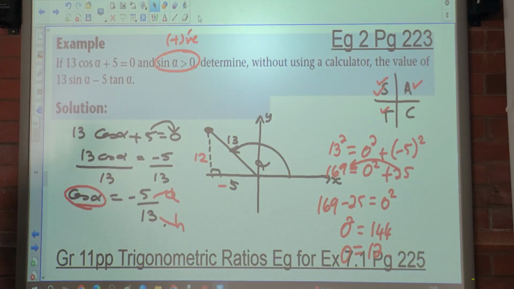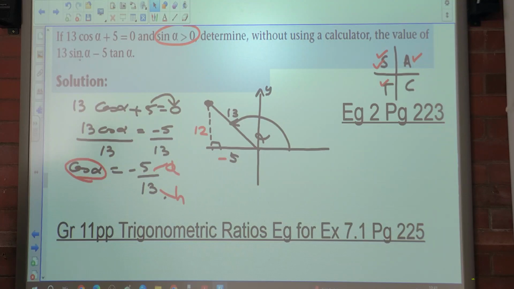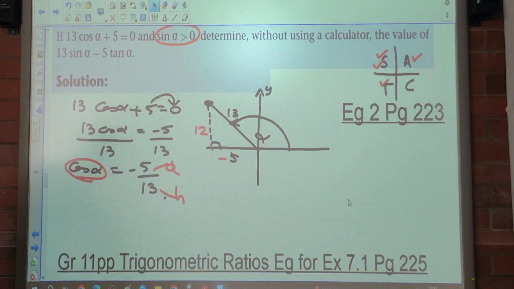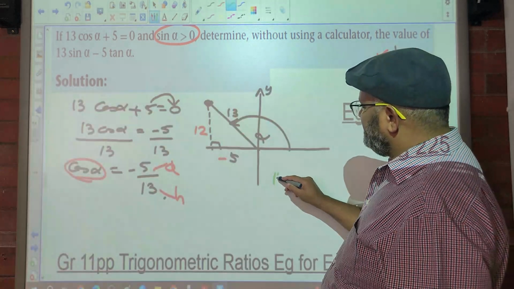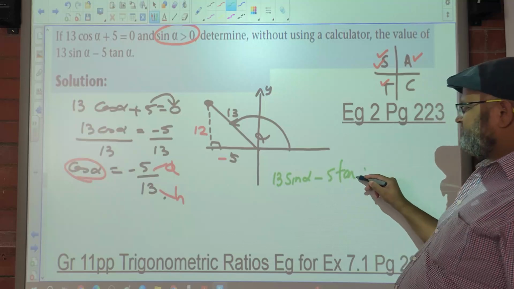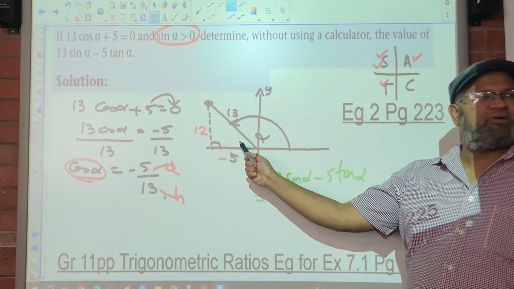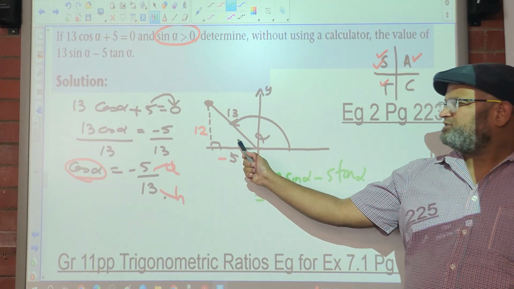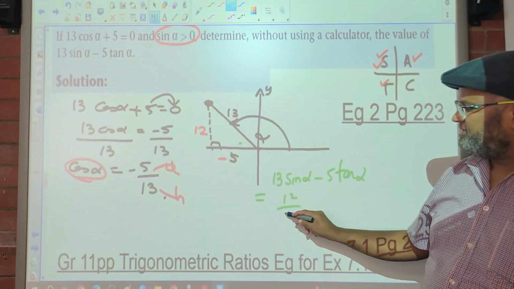Okay. Have you answered the question? What was the question? They want 13 sine alpha minus 5 tan alpha. There we go. 13 sine alpha minus 5 tan alpha. What does sine stand for? So that's my reference angle now. So my opposite, 12 over 13.